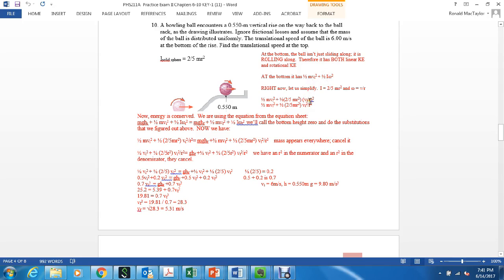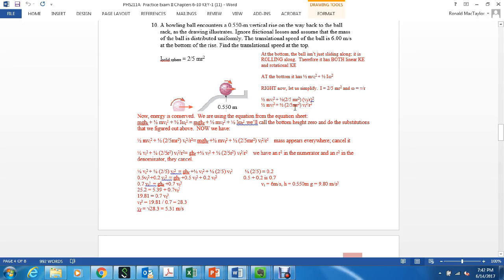Omega is v over r. So I wind up with 1/2 mv squared plus 1/2 times 2/5 mr squared times v squared over r squared. Now, I'm very fortunate that in the second term, the radius squared cancels.